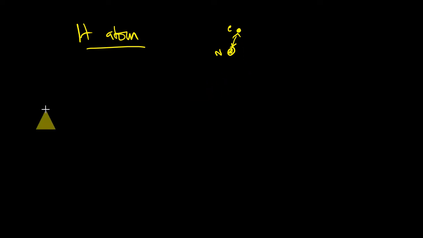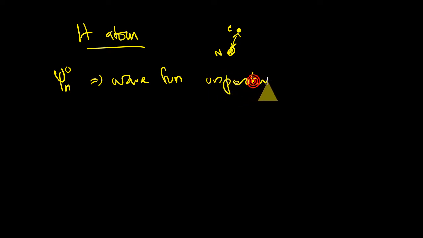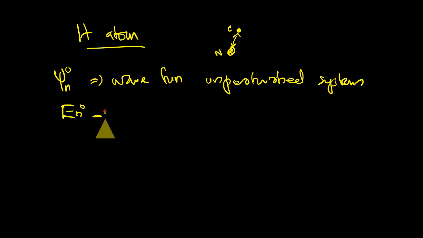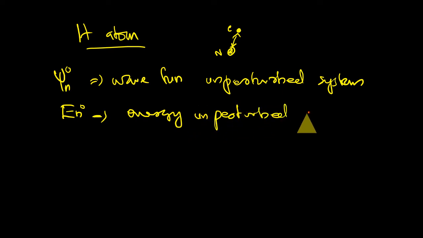Let us consider that psi n0 is the wave function of the unperturbed system, and En0 denotes the energy of the unperturbed system.